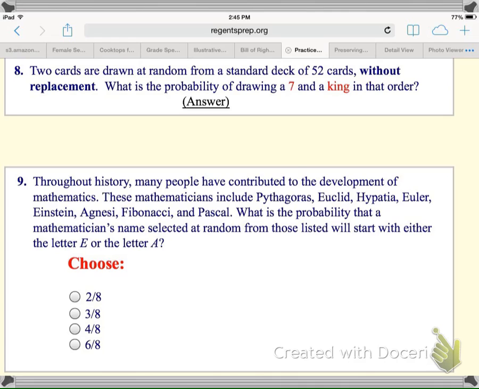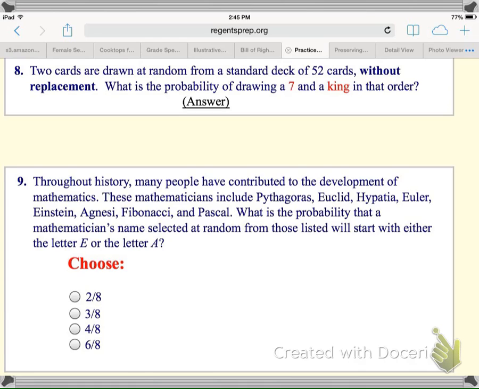What is the probability that a mathematician's name selected at random from those listed will start with either the letter E or A? This one doesn't require any fancy mathematics because you're just looking at the probability from a selection there.